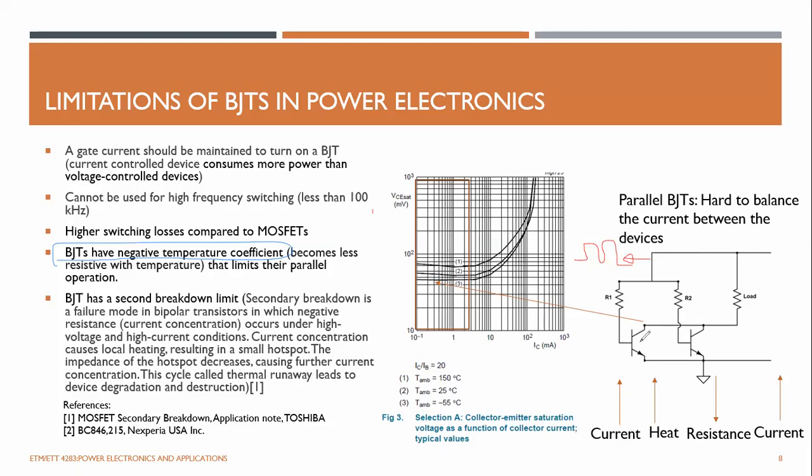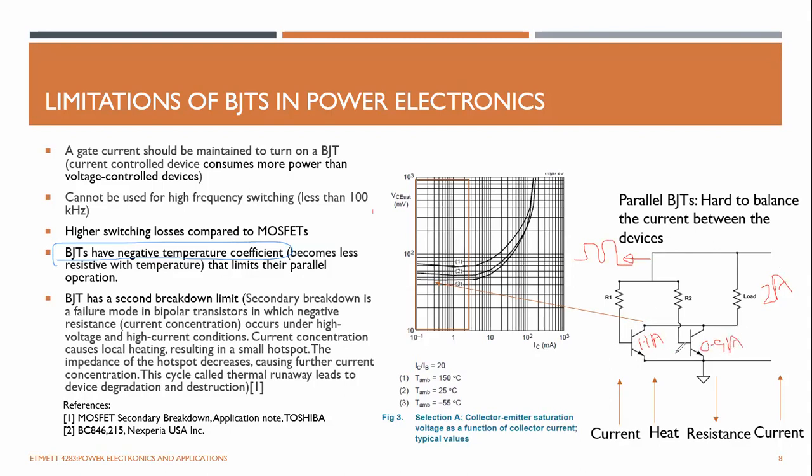Even though you buy two transistors at the same time, there are some tolerances, right? In that case, assume your desired load current is 2 amps. Each transistor can run 1 amp, but due to manufacturer tolerance, this transistor can drive 1.1 amps, and this transistor leads to 0.9 amps, right?